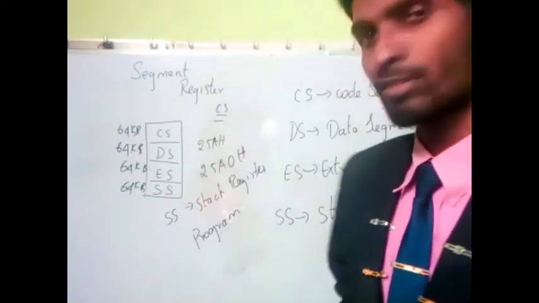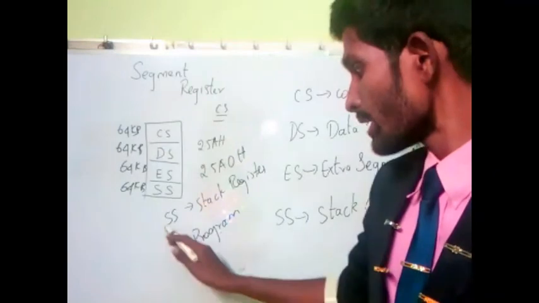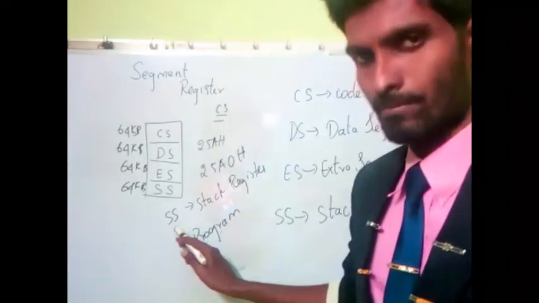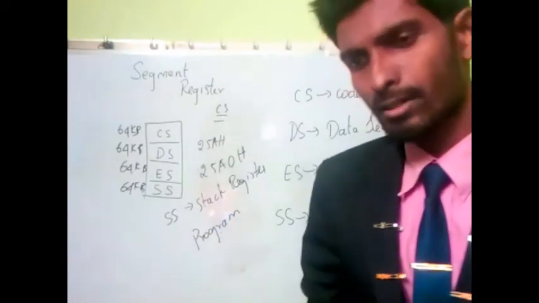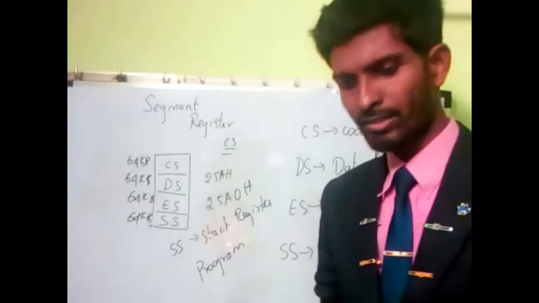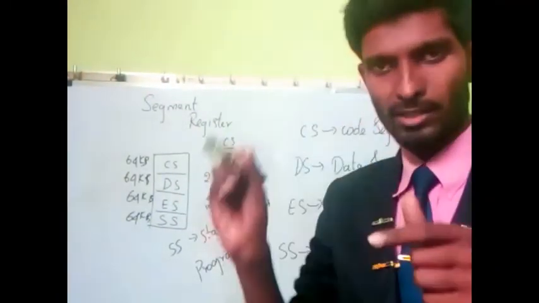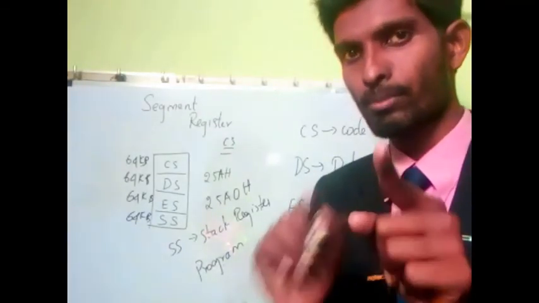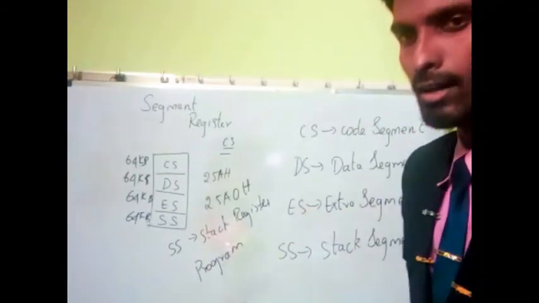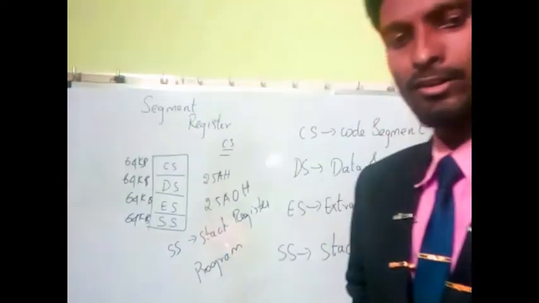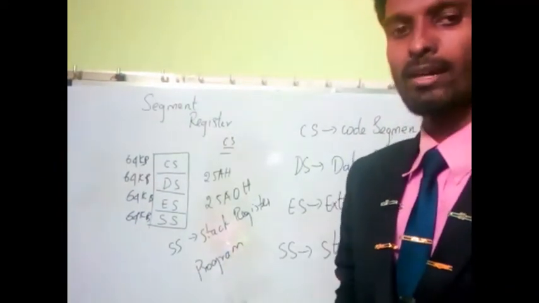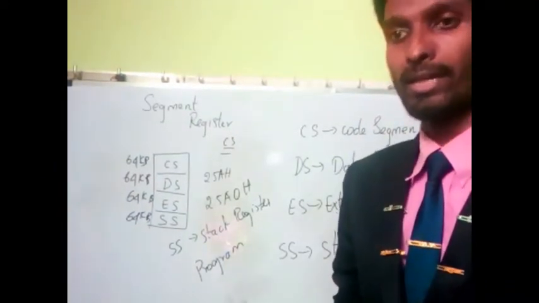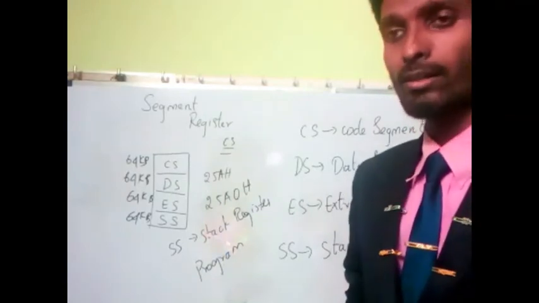But when you go to SS, what happens? In SS you get all the program. Program means what? Computer. For example, if you are using a keyboard, in the keyboard you may have several buttons, right? Suppose you press A, that press is one program. Because A is the data, and you give the data to the processor, and then the ASCII code of A is obtained, and it is printed on your display unit.